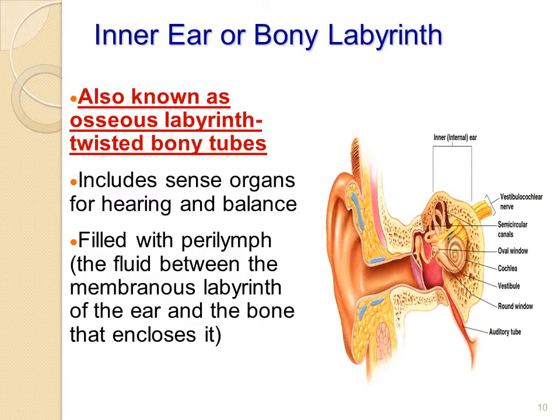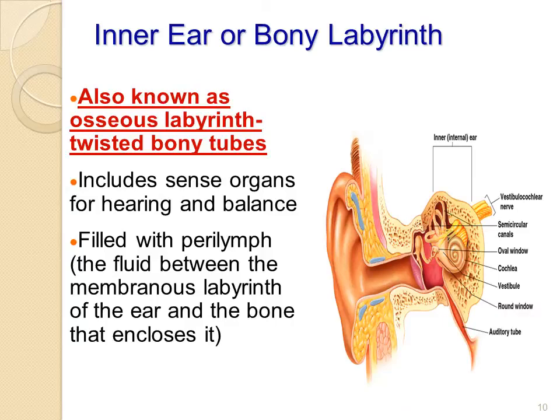Inner ear or bony labyrinth. It is also known as the osseous labyrinth, twisted bony tubes. This includes sense organs for hearing and balance. It is also different from the outer and middle ear.